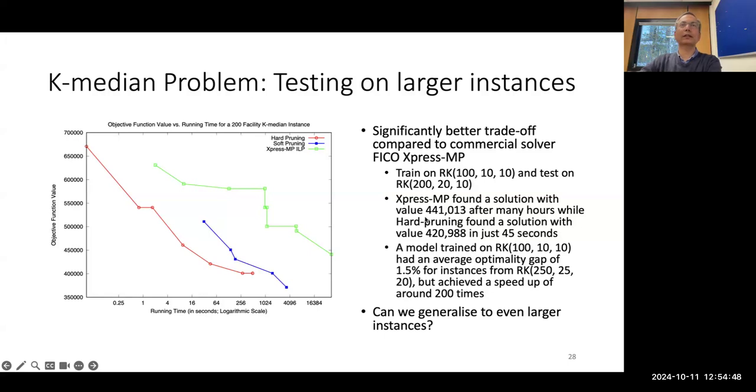And what we see is that while the commercial Xpress MP solver found a solution with a value of around 441K after many hours, just by learning on a few instances, I think it was only 5 instances in the training, the hard pruning of the learning to prune model found a solution of a much better value in just 45 seconds.